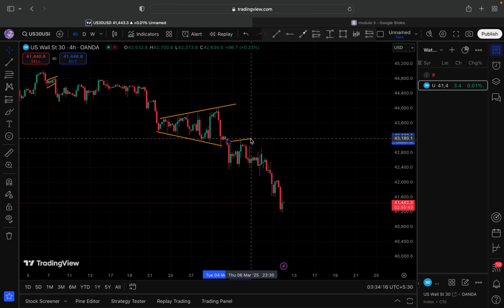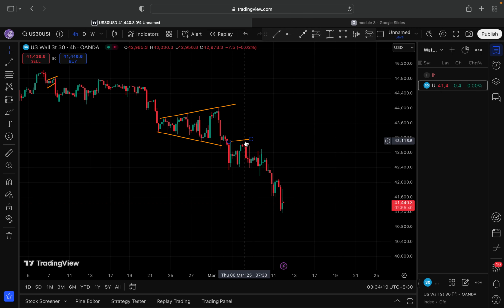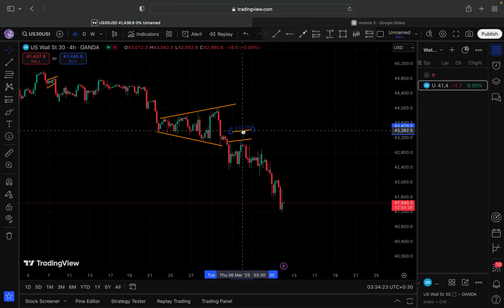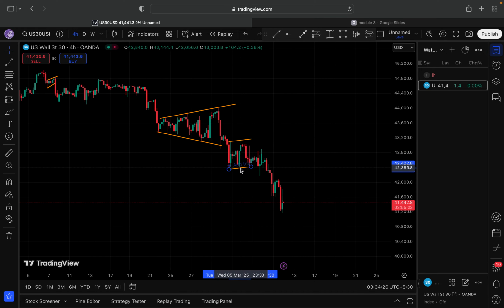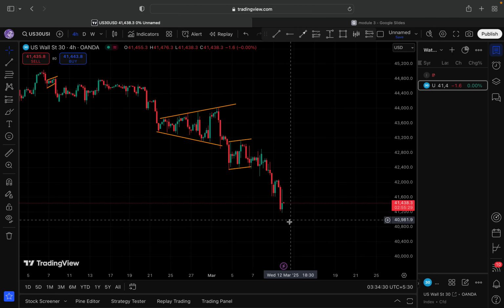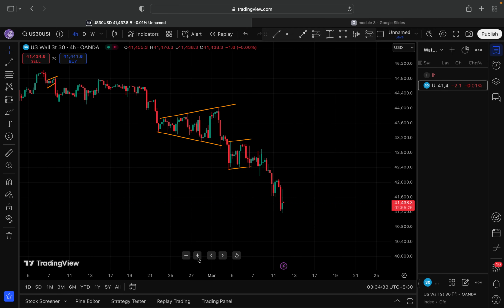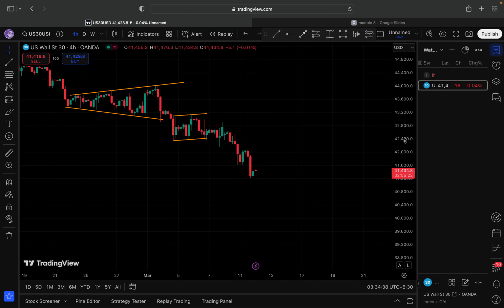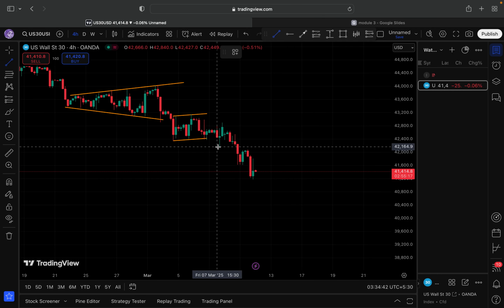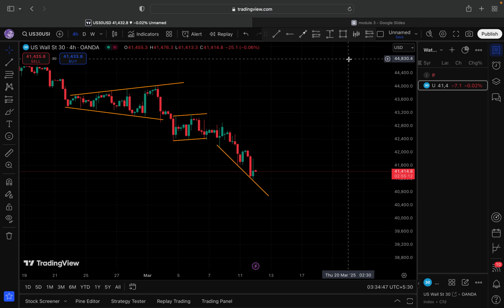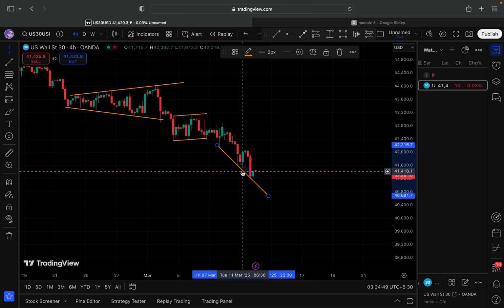This bear trade that occurred. And currently here at this point, there is actually no pattern, even though there was a pattern here which was a channel.